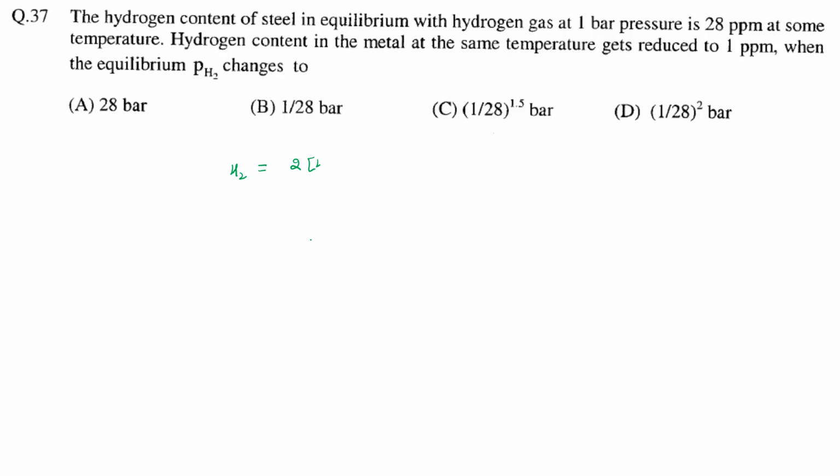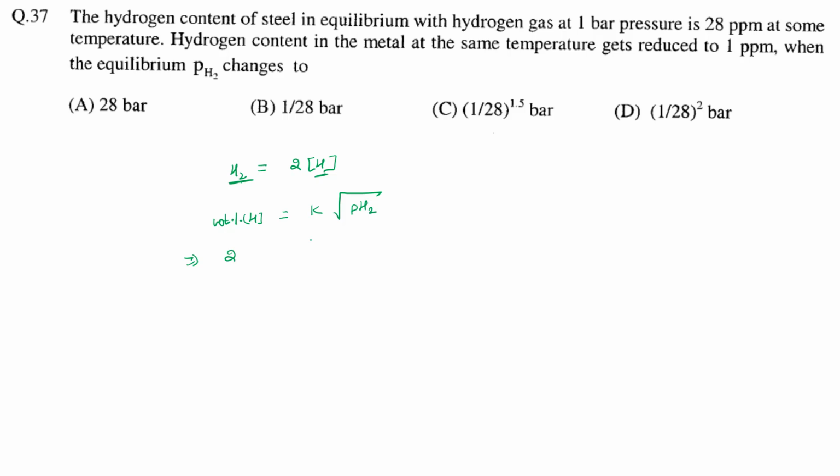So it is like 2H, right? This molecular H2 breaks to form nascent hydrogen and it gets dissolved. Now for this equation, weight percent of hydrogen is equal to some constant K root over the partial pressure of H2, right? So this gives you the concentration.